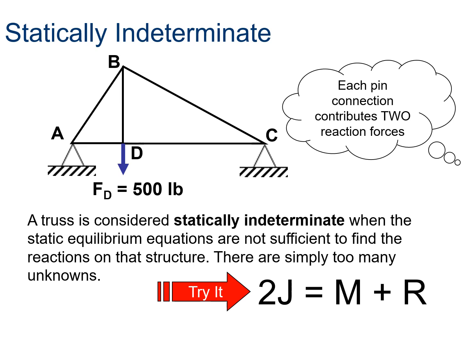So the first thing we want to do is count the number of members. And that's 1, 2, 3, 4, 5. And then we can count the number of joints. We've got 1, 2, 3, and 4.